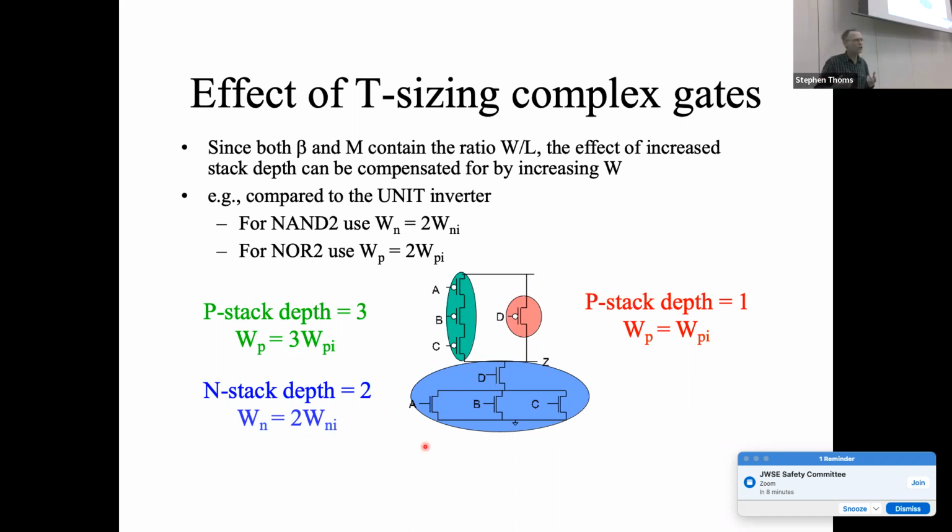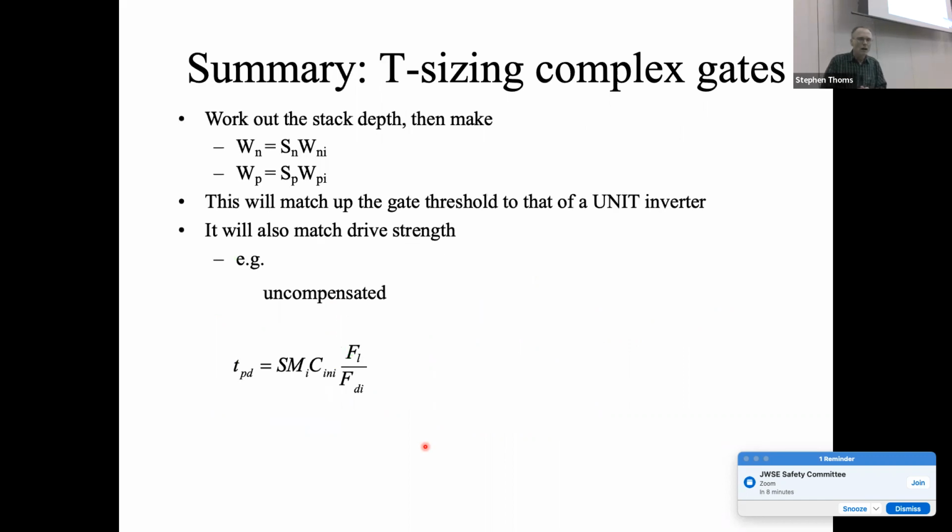So that's not so immediately obvious what we do here, but again, it's relatively straightforward. You essentially work out the stack depth for each path, and you size the transistors on that particular path according to the stack depth. And that will match up the thresholds to that of a unit inverter, and will also match the drive strengths.